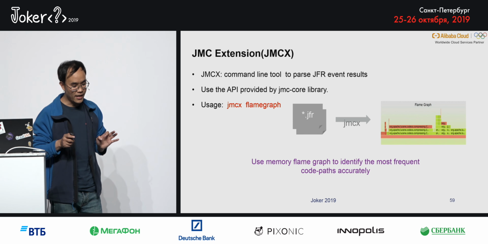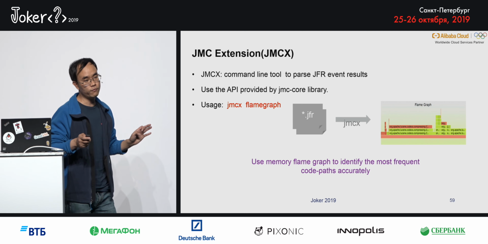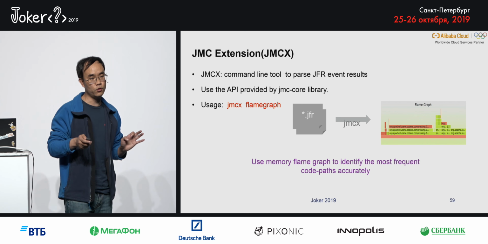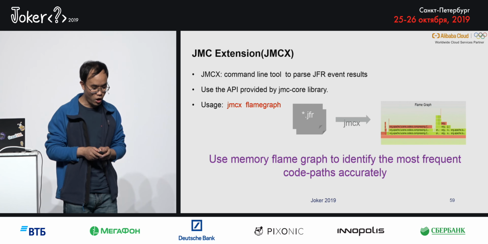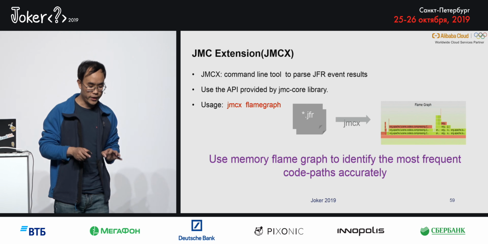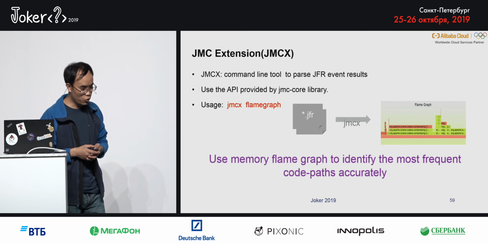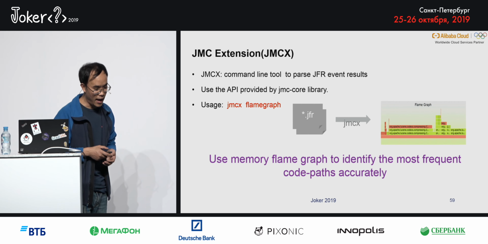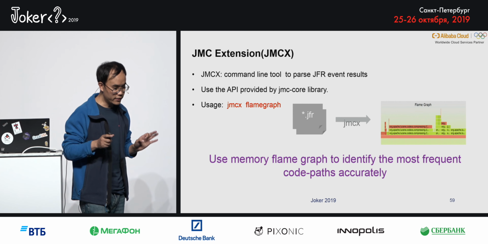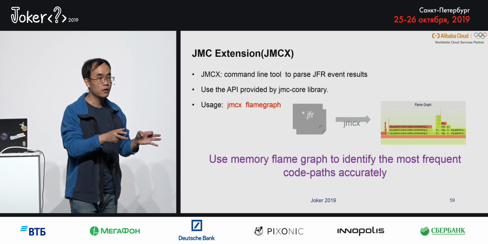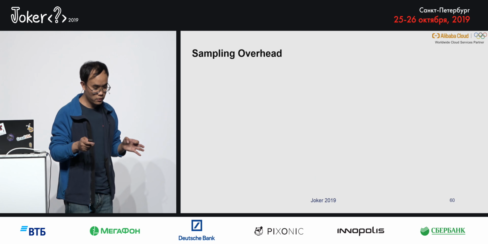Actually, I think most of you may be familiar with using a flame graph to tell which method is hot for CPU consumption, right? In our case, we also can use a flame graph for memory allocation, for object allocation. So we just created a tool we call JMCX. Then you can use this tool to convert the GFR events to flame graph.